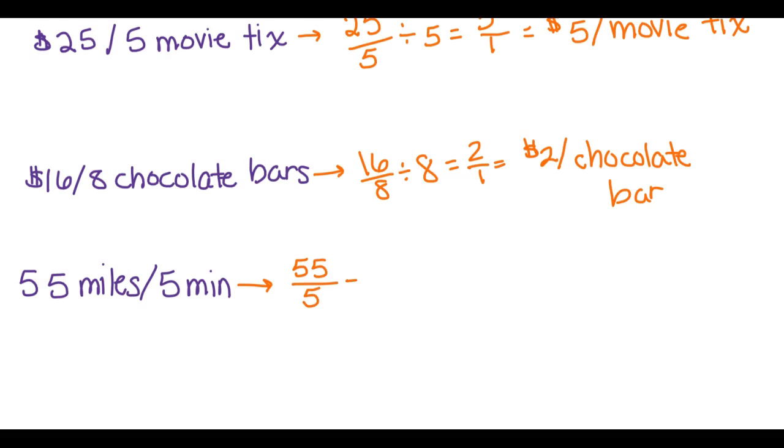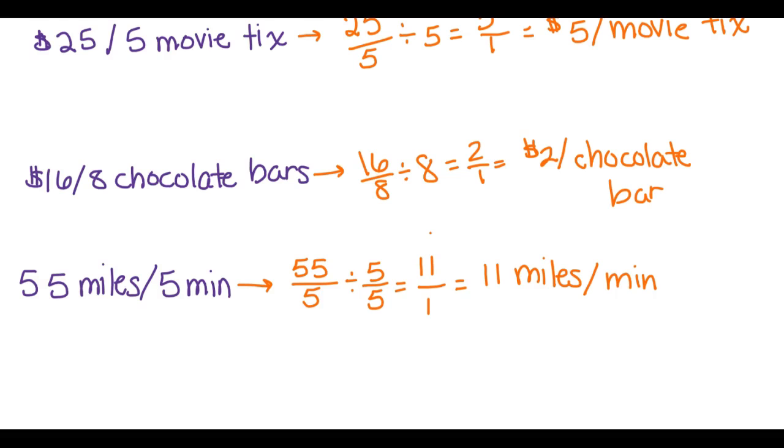What's their greatest common factor? It's going to be 5. 55 divided by 5 is 11, and then 5 divided by 5 is 1. Oh, look, that looks like a smiley face-ish kind of thing. So then remember we have to write it out in words, which means we are going 11 miles for every 1 minute.